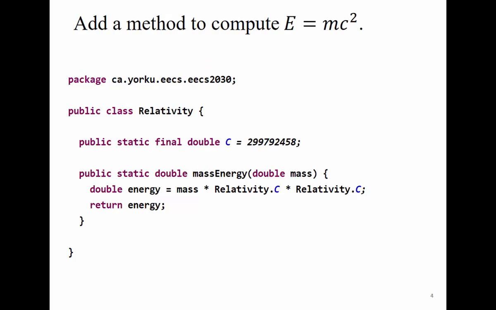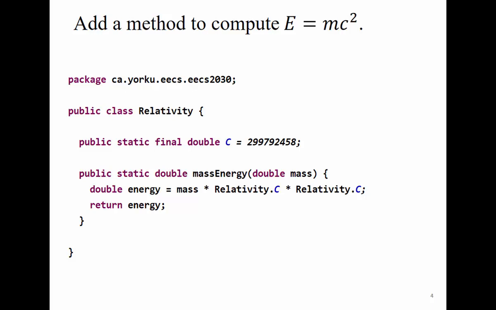We say we're going to have a class named Relativity, and we define what we hope is a constant, and which is actually a constant because it is public, static, which means it's per class, and final. Once we assign the value to this double variable, nobody can change it. So C is the speed of light, and it's final.